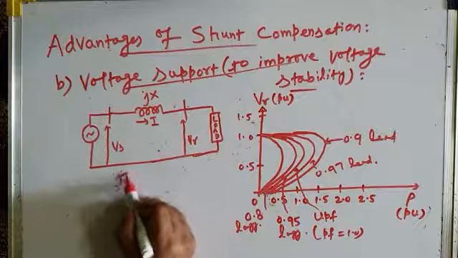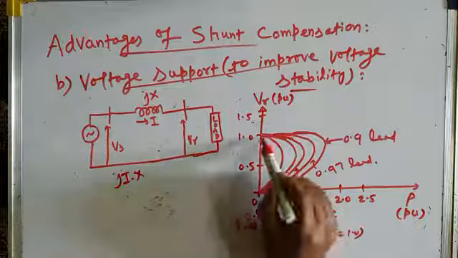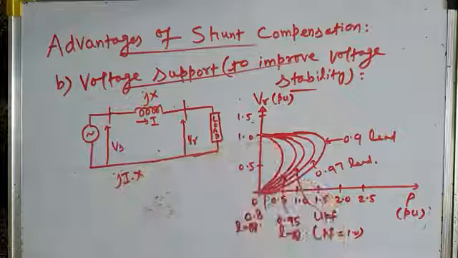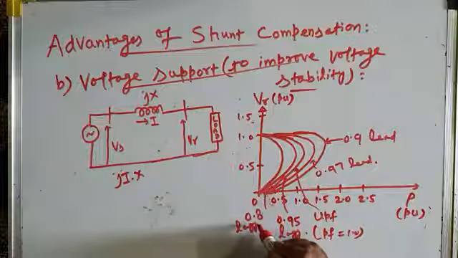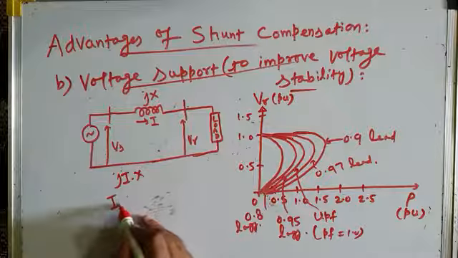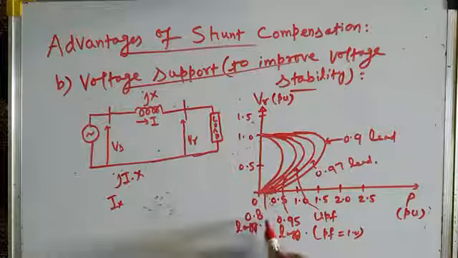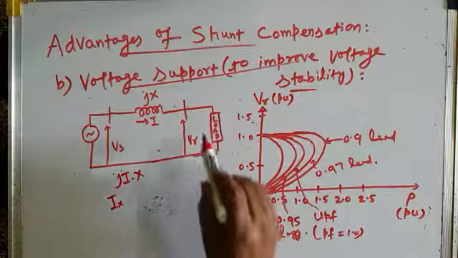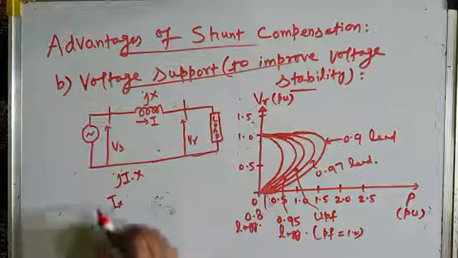So the I into X drop increases more and more, and then voltage drops quickly. Since the load is operating at a slightly lower power factor, 0.8 lagging, this current has a reactive component Ix because of the load operating at lagging power factor. So in addition to the active component of the power, there will be a reactive component of the power.